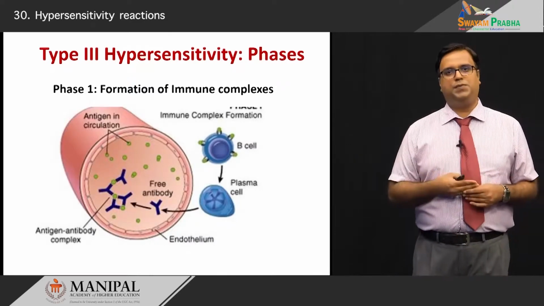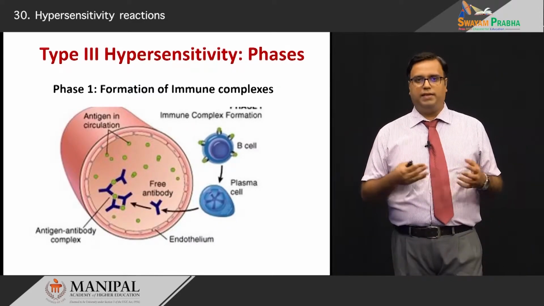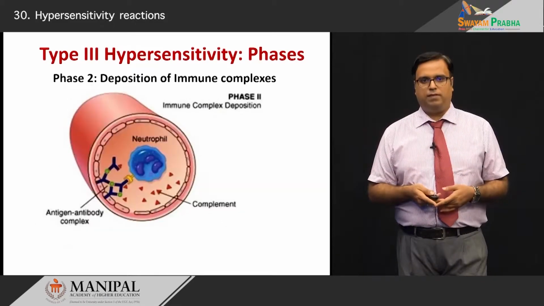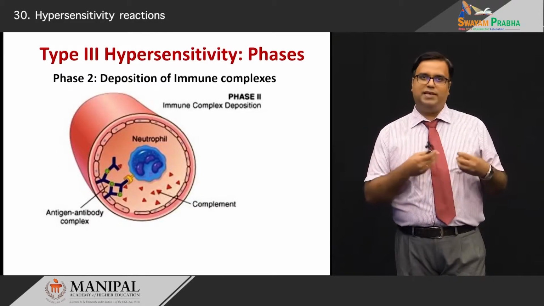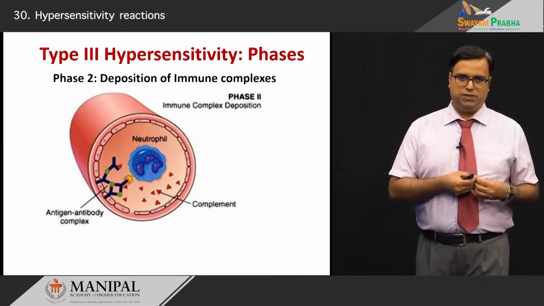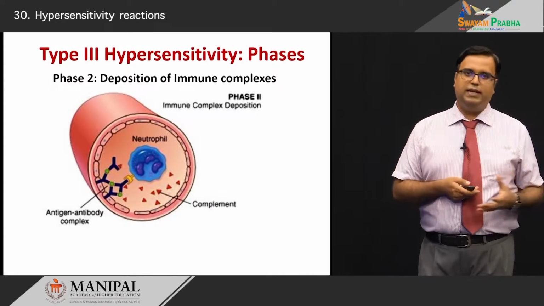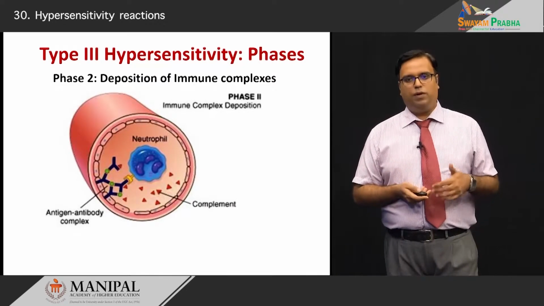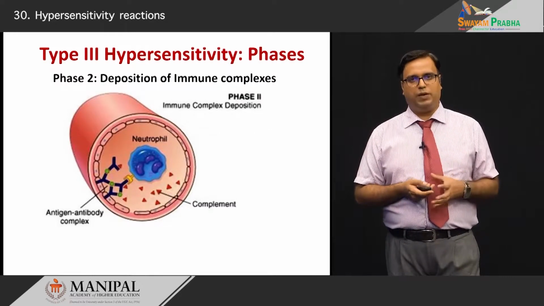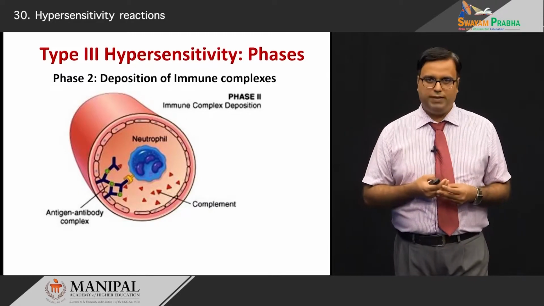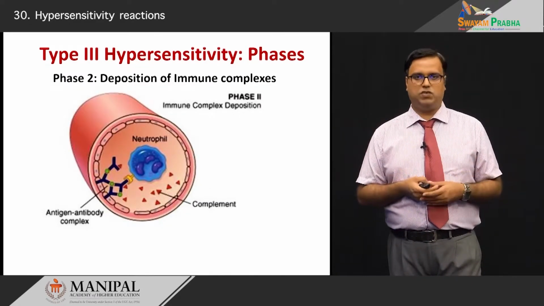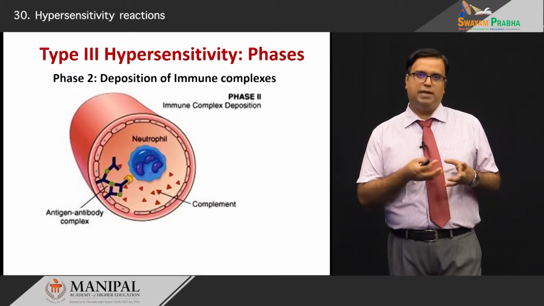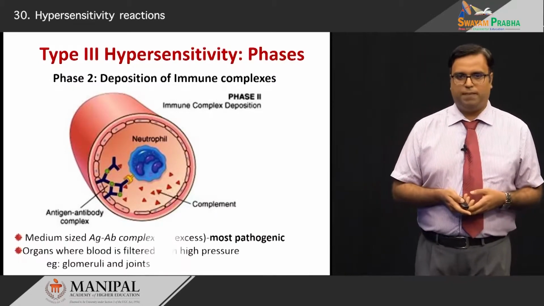Also the plasma cells will elaborate antibodies, and this complex, when it binds together, will circulate in your blood. Phase 2 is where these ICs get deposited in the tissues. Mostly it is on the endothelium or between the lining of the epithelial cells. What it importantly does is also recruit a lot of complement components and also inflammatory cells such as neutrophils. Now you have a more complex reaction taking place at the level of the tissue.